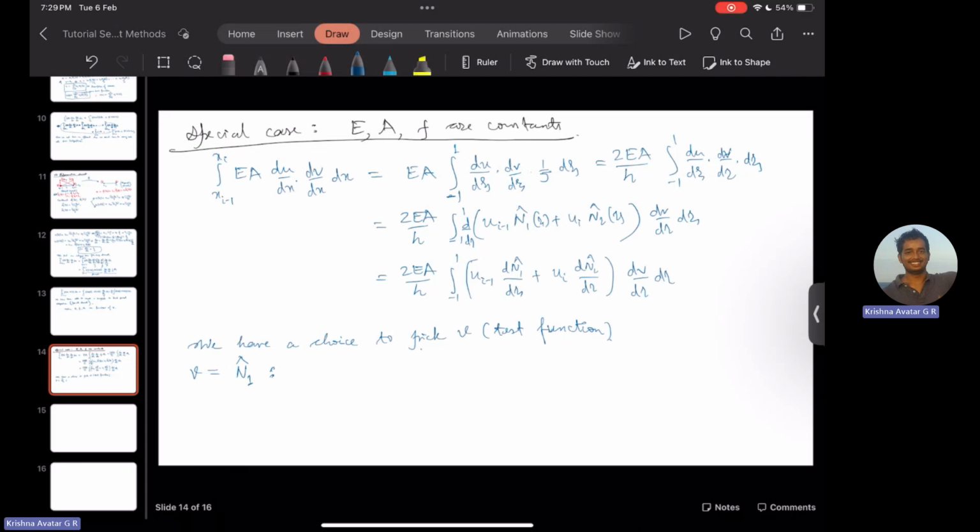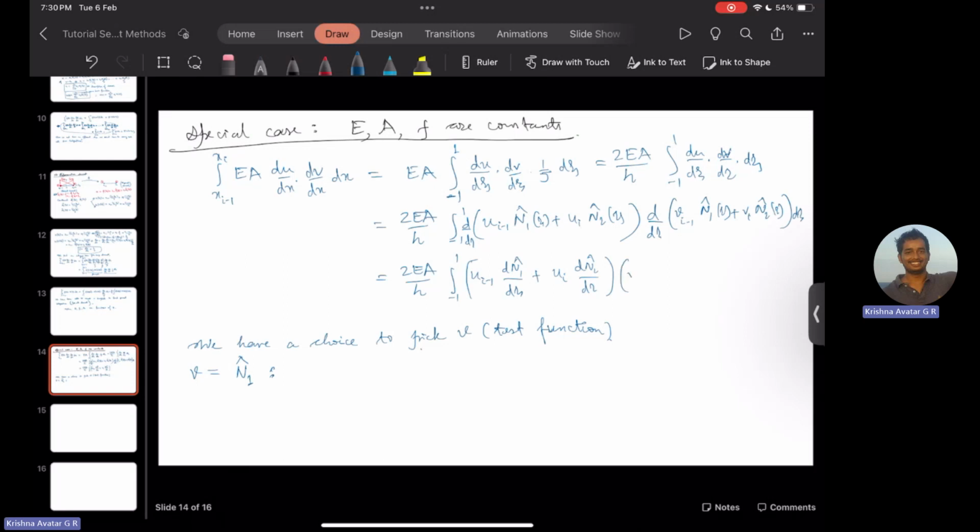Okay, I think this could be a bit more cumbersome, so why not express v also likewise? We'll write dv by dz as v(i-1) dN1 hat by dz plus vi dN2 hat by dz.